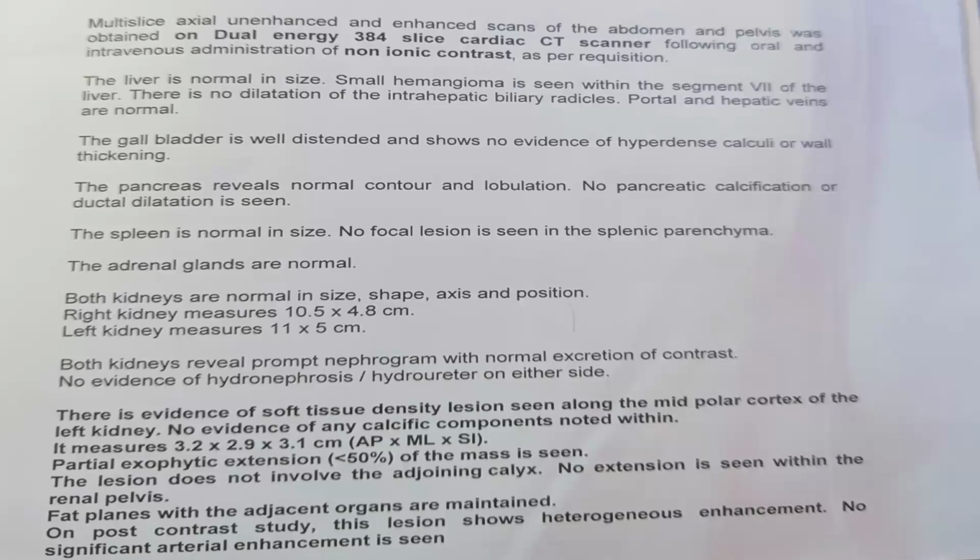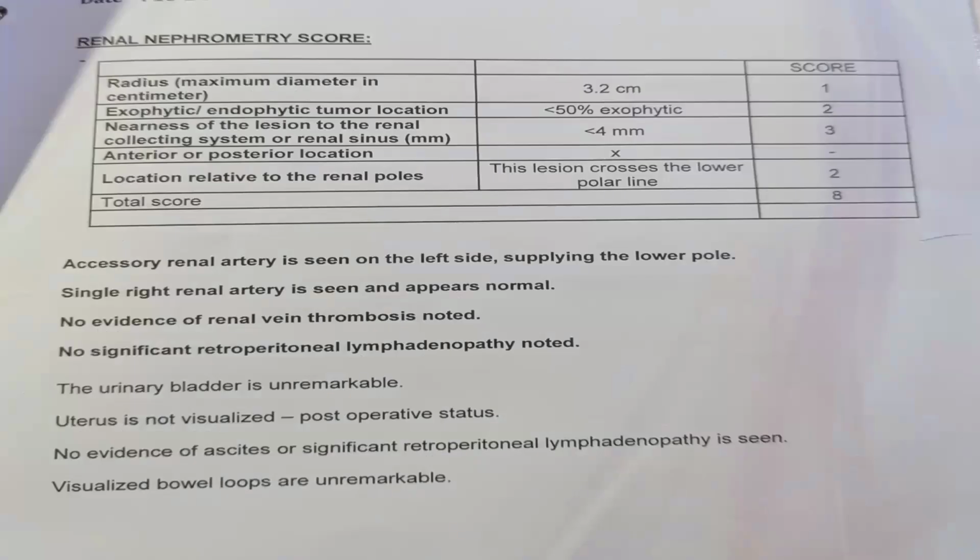And the second important thing is, as reported in the CT, this mass is only in the cortex. Ideally, if we see only a mass in the cortex and the patient keeps on having hematuria, you might even do a cystoscopy.